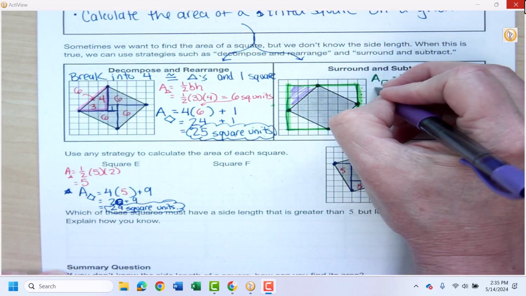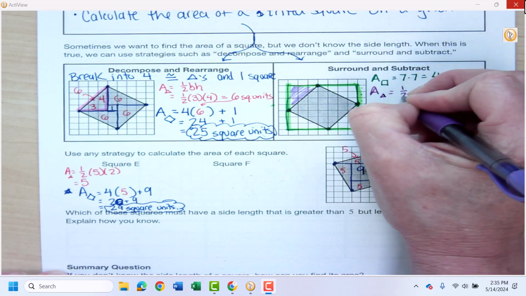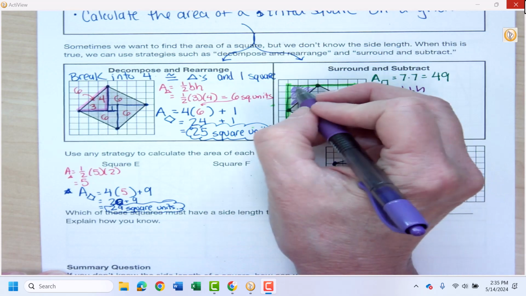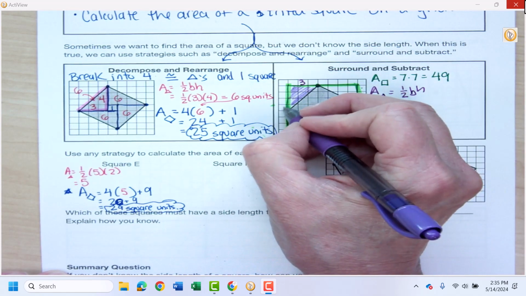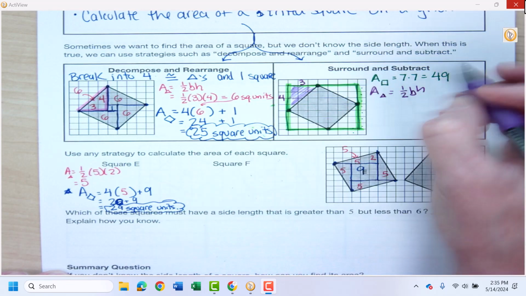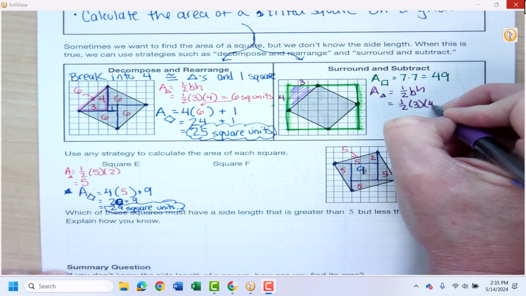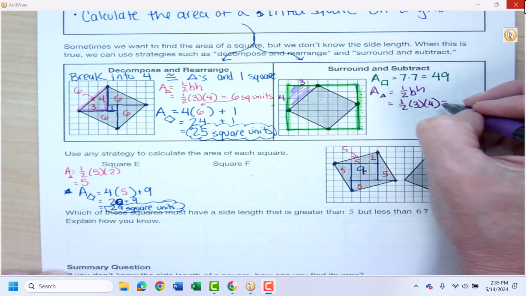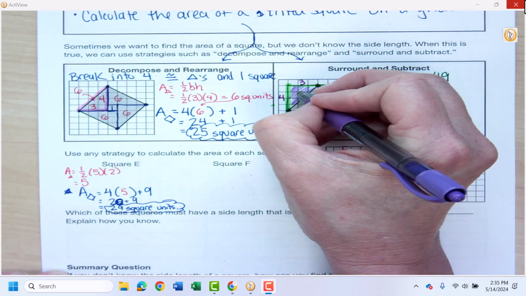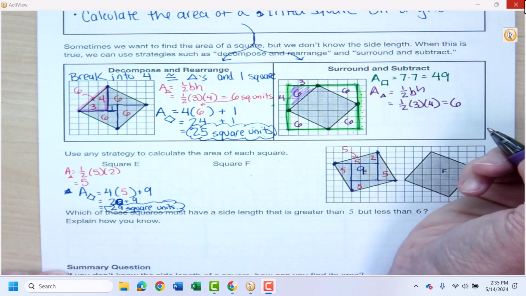So the area of one of those triangles is 1/2 the base times the height. Looks like the base is 1, 2, 3 units, and the height is 1, 2, 3, 4 units. So once again, I have an area of 6. That's 6, that's 6, that's 6, that's 6.